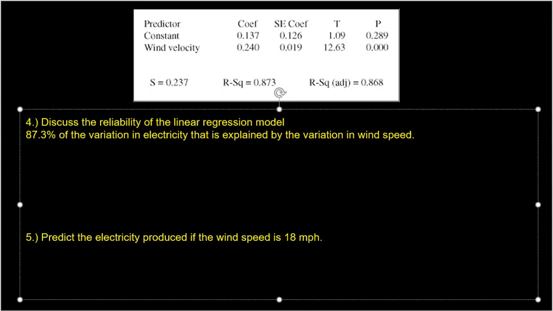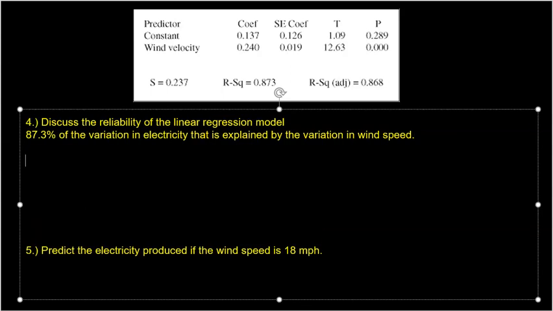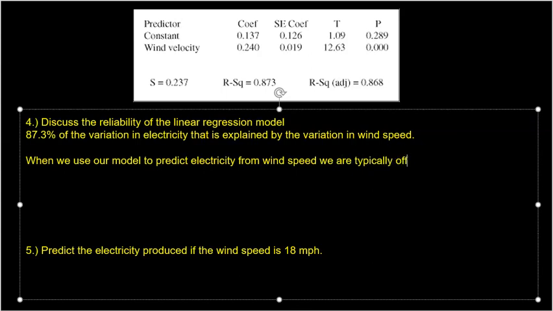All right, up next is S. S is the standard deviation of the residuals. Remember, the standard deviation of residuals is like an average of all of your residuals. So it says something like this: when we use our model to predict electricity from wind speed, we are typically off by about 0.237 amps.